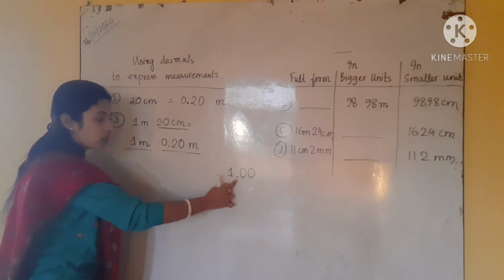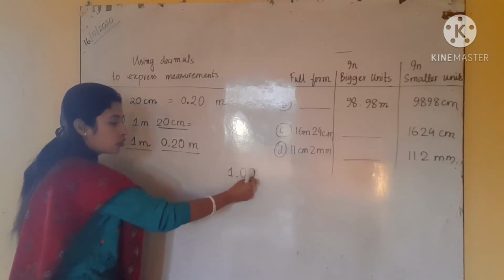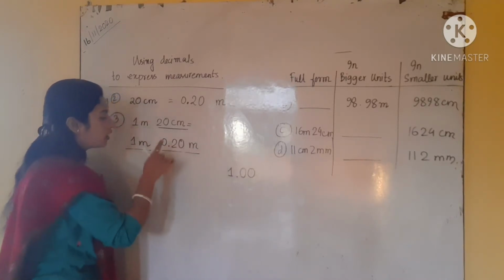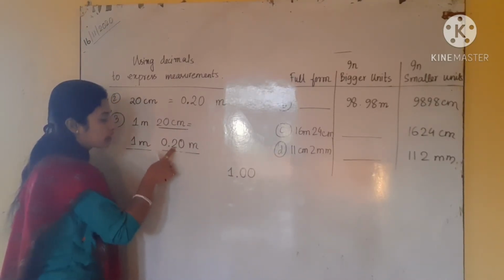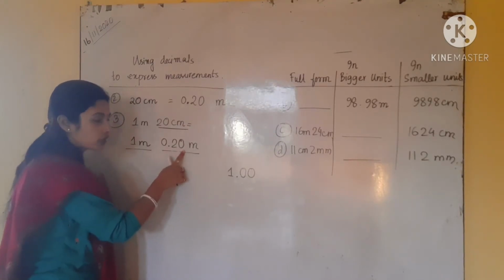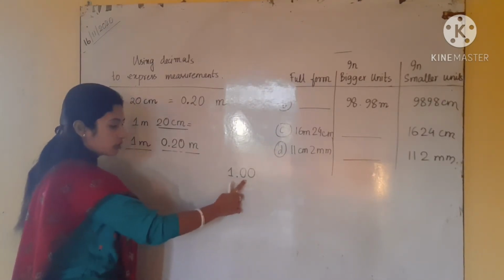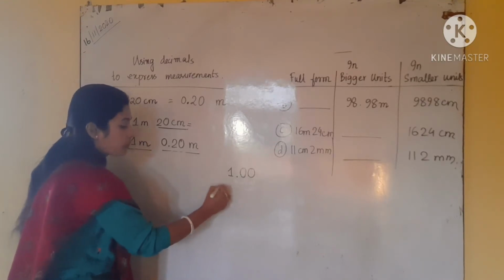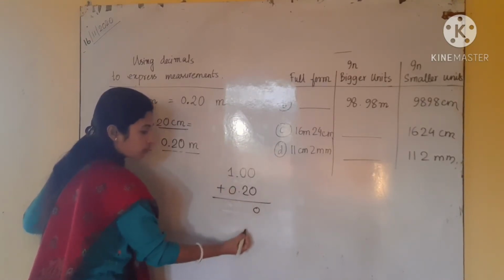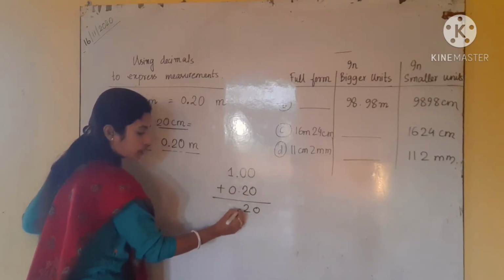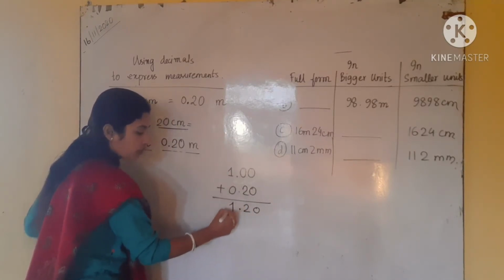After the decimal, I have written 2 zeros, because we have to add this number with 0.20, and here also after the decimal there are 2 digits. So plus 0.20, and that will be 0 plus 0 is 0, 0 plus 2 is 2, then the decimal, 1 plus 0 is 1.